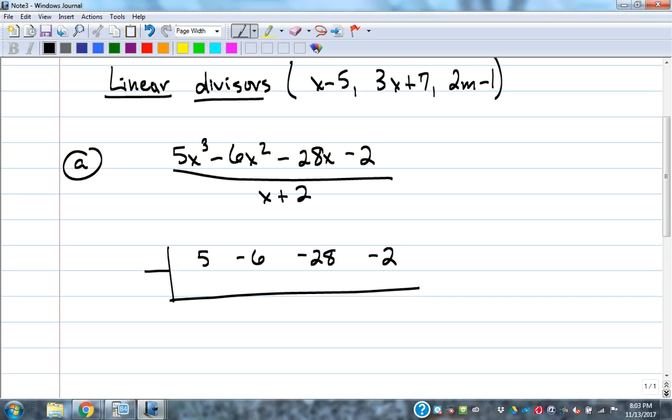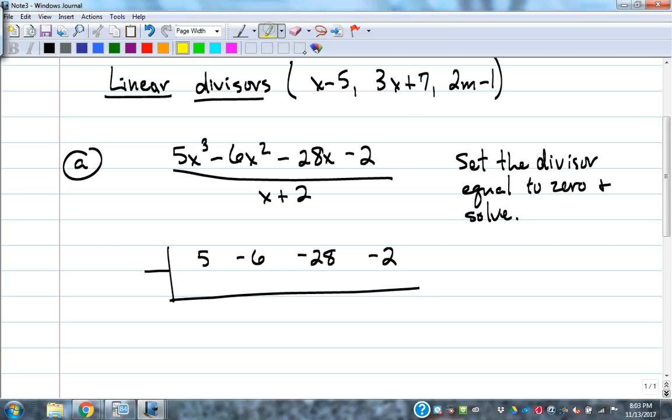Okay. Now, that little shelf out there on the side, we got to get a number on there. To get that number, you take your divisor and you set the divisor equal to 0 and solve. So our divisor is x plus 2.